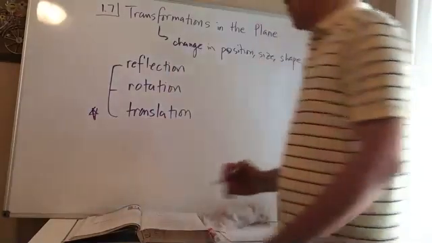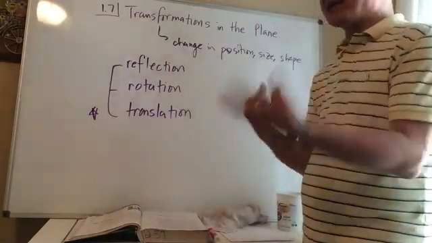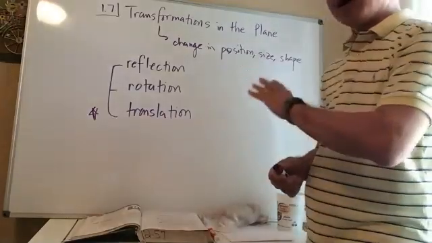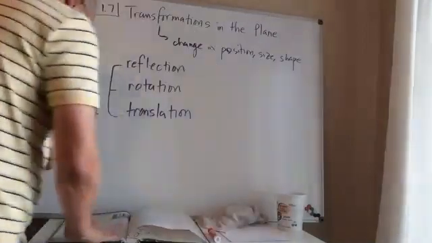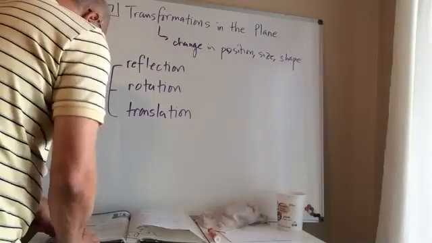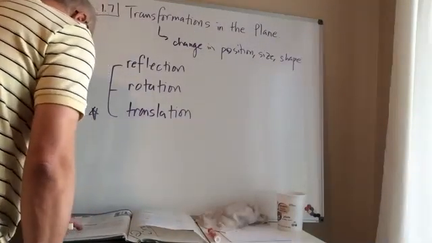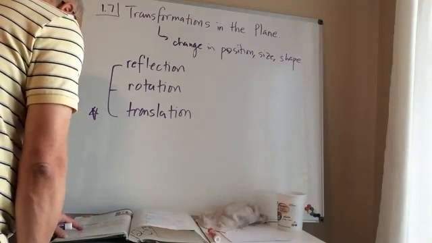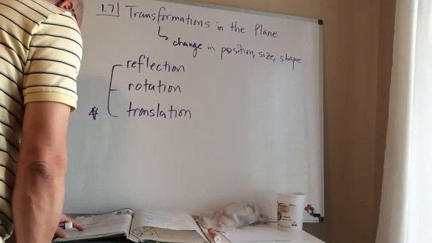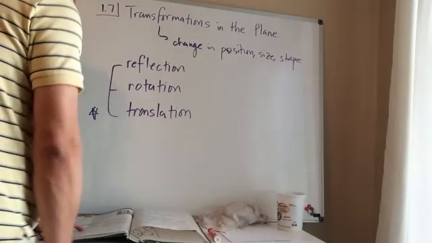Okay. Reflection is when you reflect a shape across a line. Okay. So if you look at the thing in the middle of the page, you can see that a reflection is a transformation across a line called the line of reflection. Each point and its image are the same distance from the line of reflection.